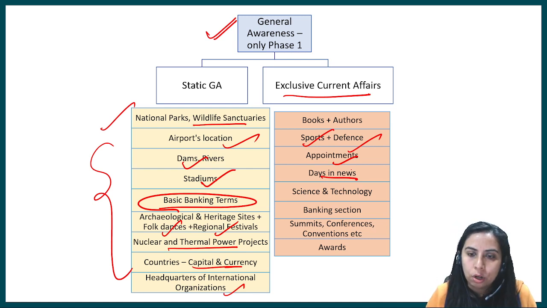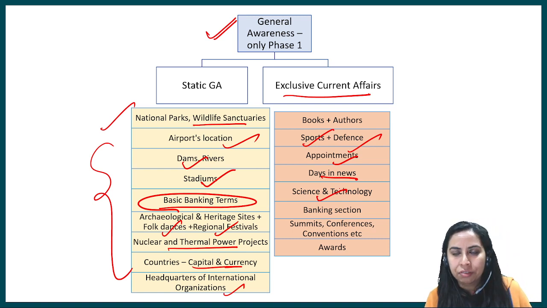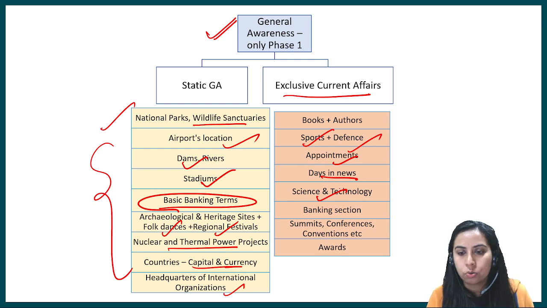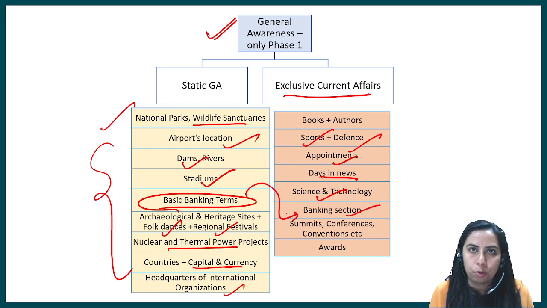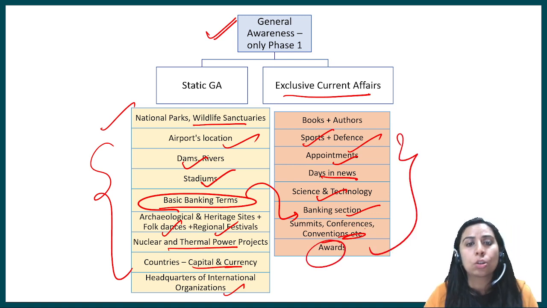So that is your exclusive current affairs. Science and technology, missiles, like we have taken S-400, rifles we have taken from which country, all such questions. Banking section, again this is static, so what is the current repo rate, what is the current SLR, summits, conferences, conventions, their locations, where have they taken place, etc. Awards. So these are exclusive current affairs.